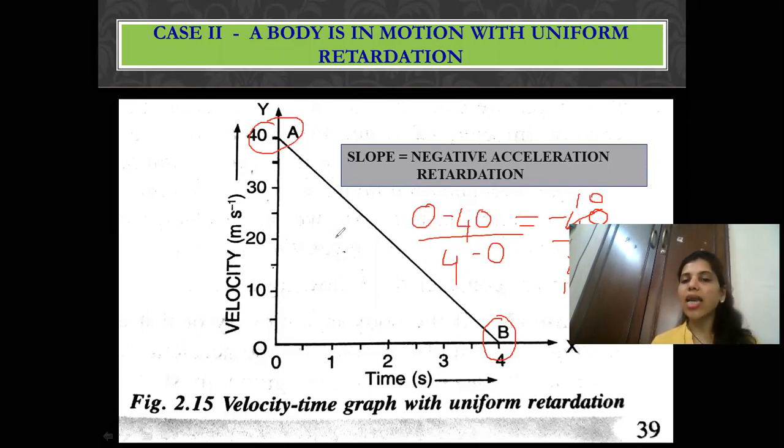So you get the acceleration value by finding the slope. Now suppose you are asked to find the displacement from the velocity time graph. So see here, the area which is enclosed is a triangle, because there are only two coordinates, so you are just going to join the two coordinates.